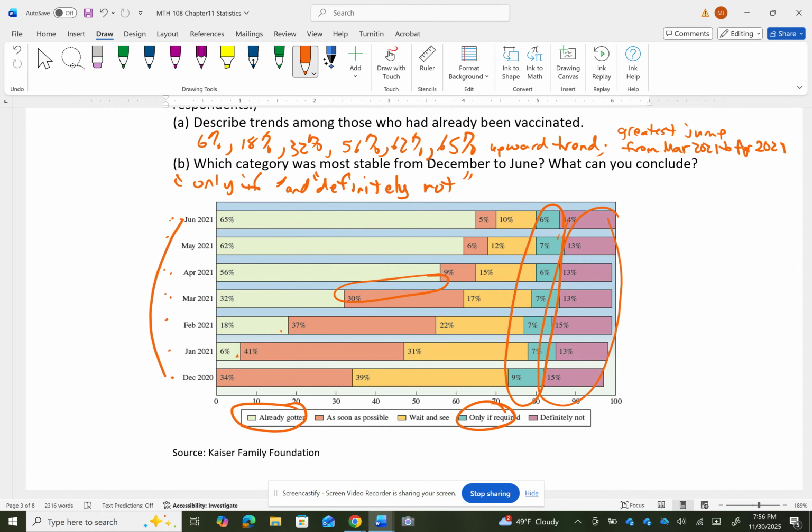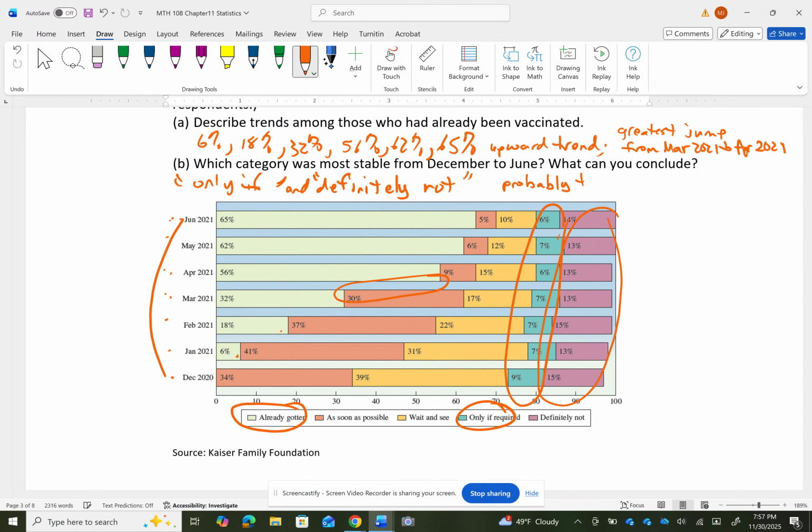And our conclusion there might be that these people probably had thought about it and already made a decision about their feelings about it, and they probably decided early on, and nobody was going to convince them otherwise. So I'm just going to jot that.